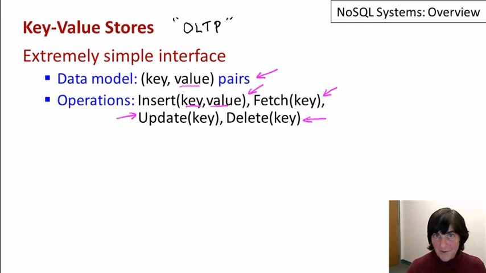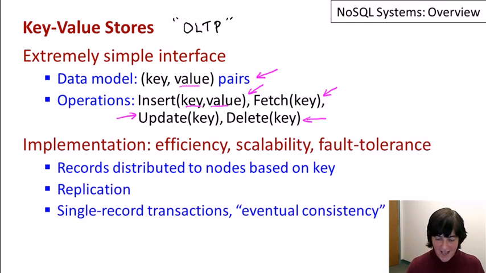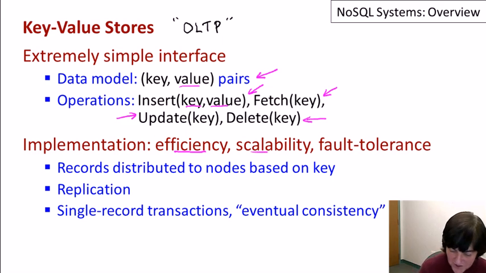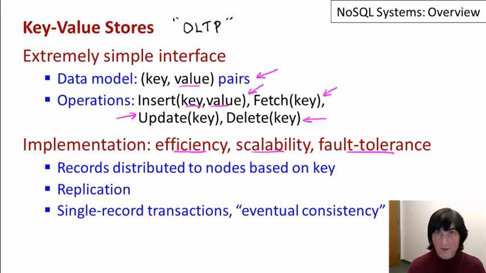So that's it. And with that simple set of operations, as you can imagine, the implementation focuses on doing these simple operations over massive databases very, very quickly. So again, like Hadoop, efficiency, scalability, and fault tolerance are the most important things because we're looking at applications with massive amounts of data and very stringent performance requirements.